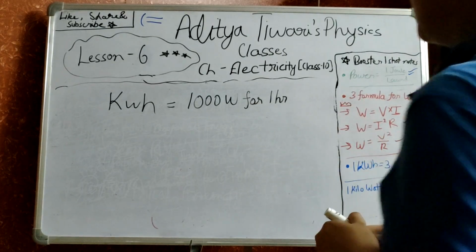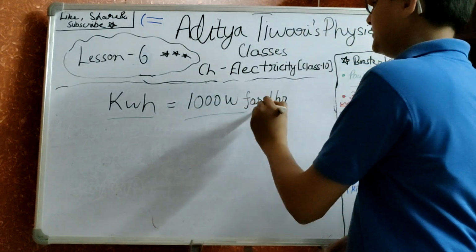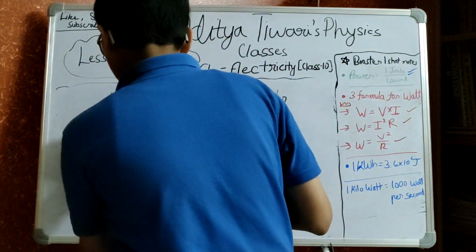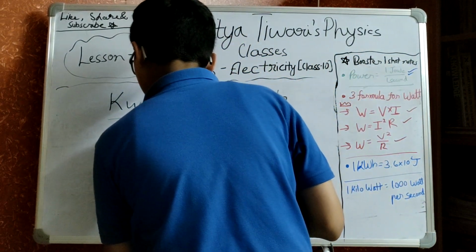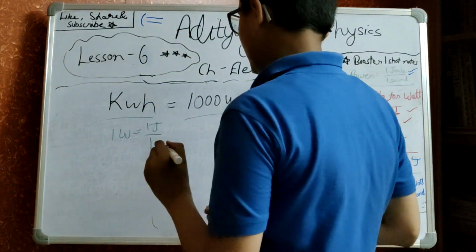Okay guys, I'm back and I've written the definition of 1 kilowatt hour equals 1000 watts for 1 hour. So we know that 1 watt is equal to 1 joule per second.